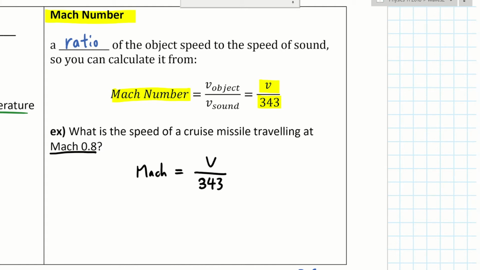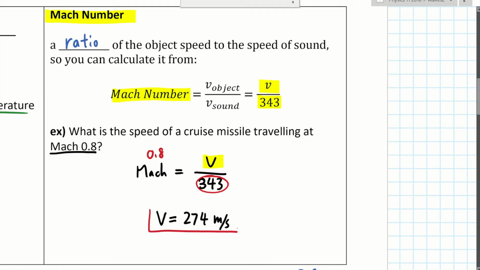So if we know the Mach number is 0.8 and we know the speed of sound on that day is 343, then figuring out the speed of the missile should be very easy: 0.8 times 343, which will be about 274 meters per second.